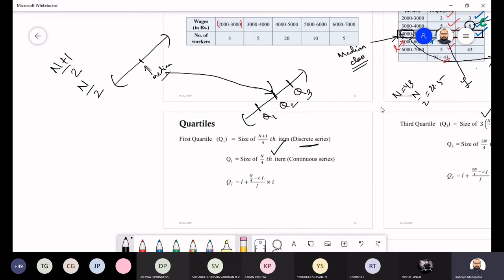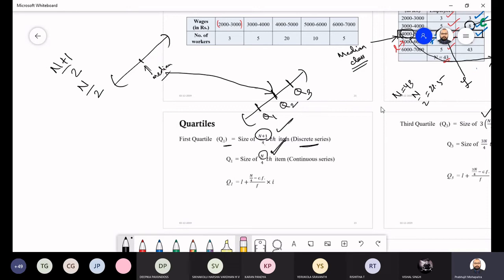For discrete, Q1 is 1/4 of n+1, and if it is continuous, then you have to take 1/4 of n. And if it is a continuous class interval, then you have to use the same formula like we were using for the median.